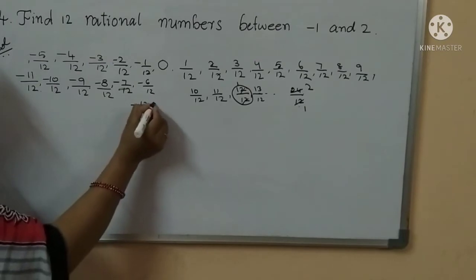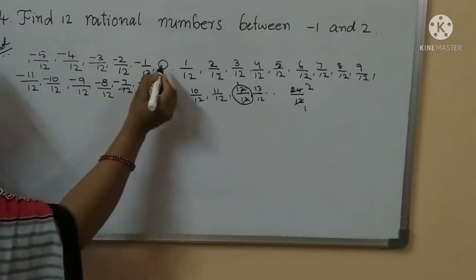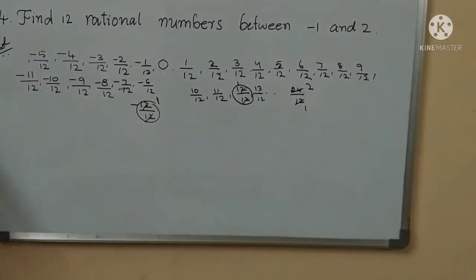So here that is -1. So we will get -1, 0 and 2. Understand here? All must write the rational numbers.